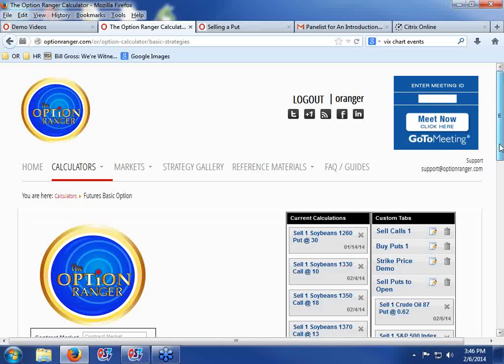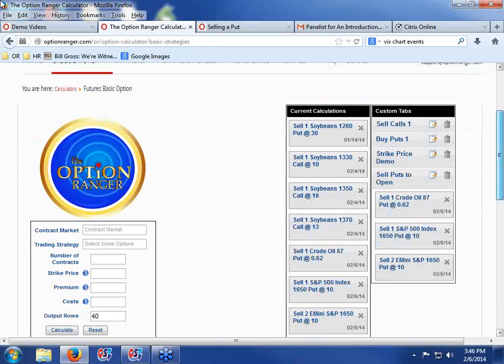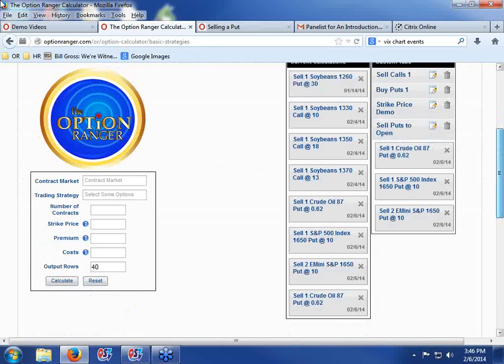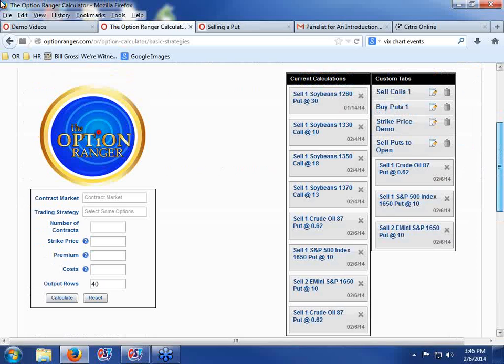We have spread calculators. We also have a stock and stock option calculator. And again, if you want to track these prices and update these values, or have us update these values, be sure to set yourself up with a simulation account.